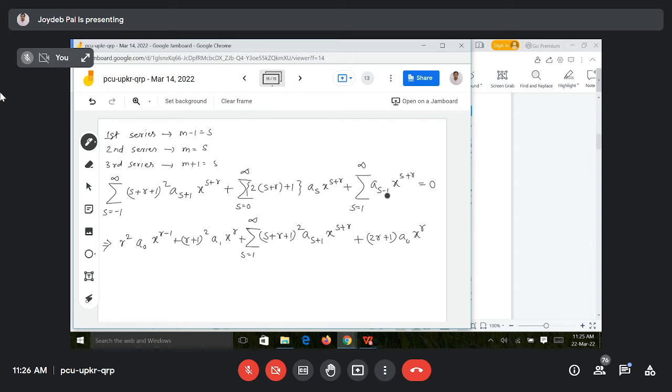And the rest of the series, s from 1 to infinity, (2 into (s plus r) plus 1) a_s x to the power s plus r, and this a_(s minus 1) x to the power s plus r is equal to 0.